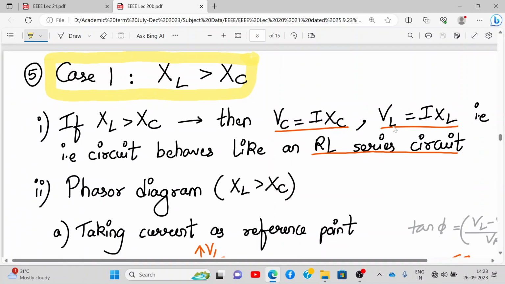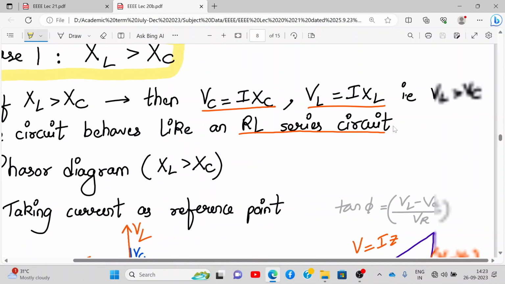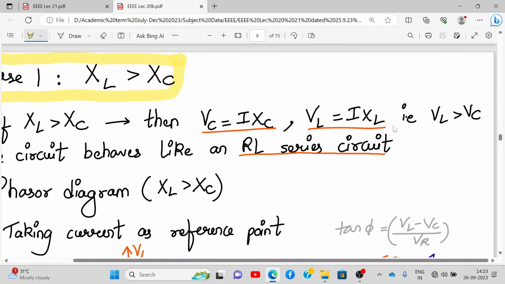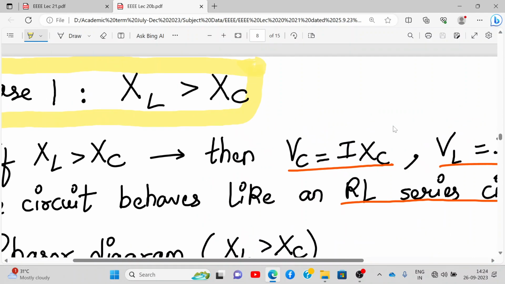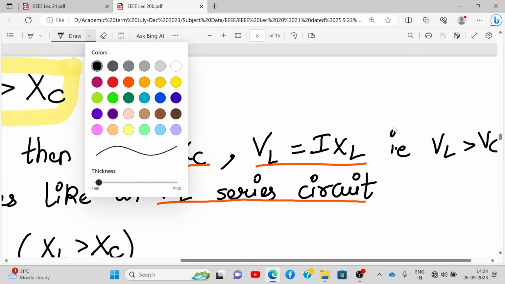So how will you draw the phasor diagram for XL greater than XC? I've already drawn the phasor diagram below, but I want you all to try, taking current as the reference.